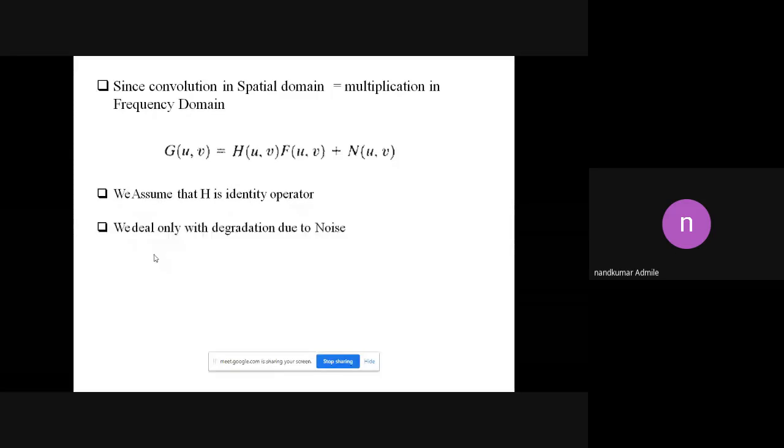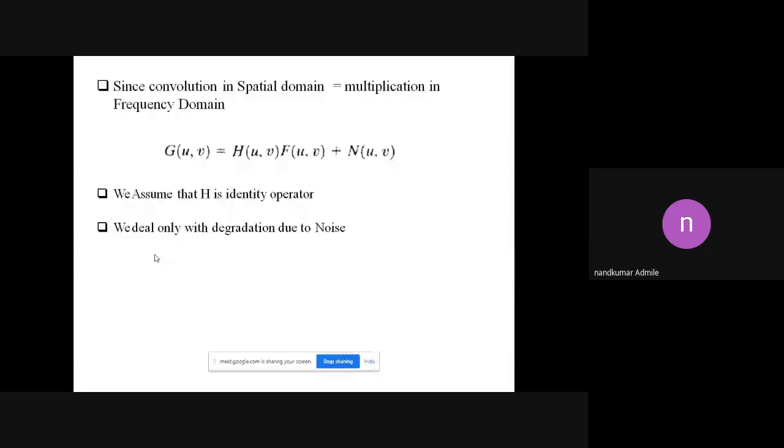To convert the spatial domain information into the frequency domain information, we can use the degradation function. Here we use the degradation function as h of u v.